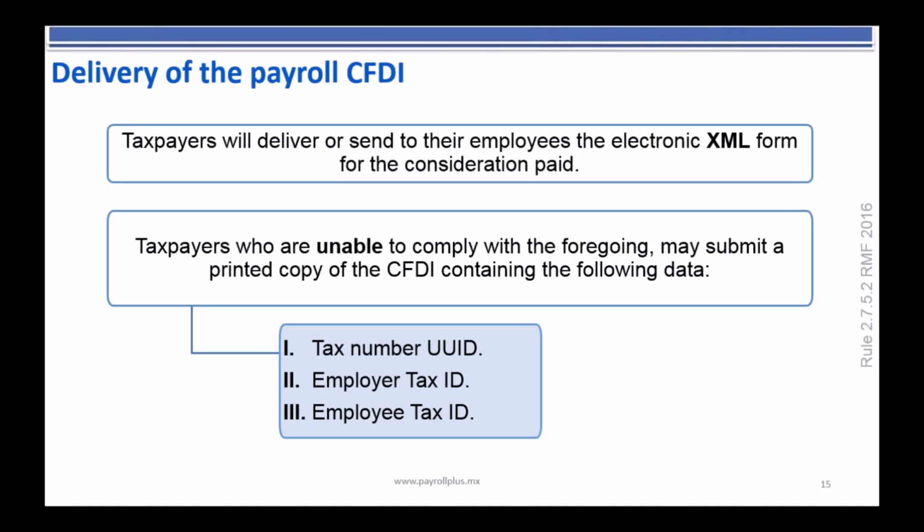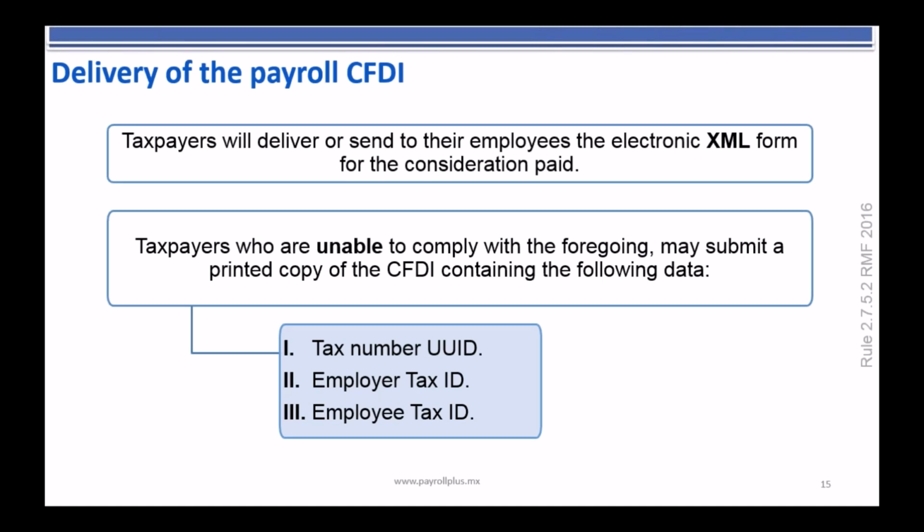So here also we have in the miscellaneous regulations that taxpayers will deliver or send to their employees the electronic XML file for the salaries that were paid. So at the beginning, we saw in the income tax law the obligation to issue and deliver. Now we're being reminded of this in the miscellaneous regulations.